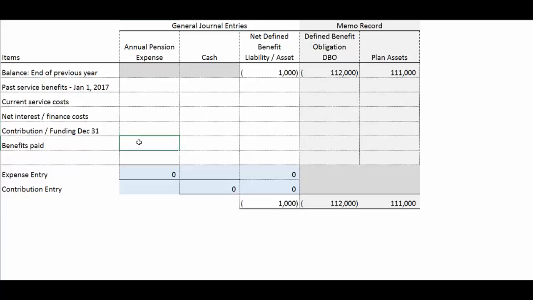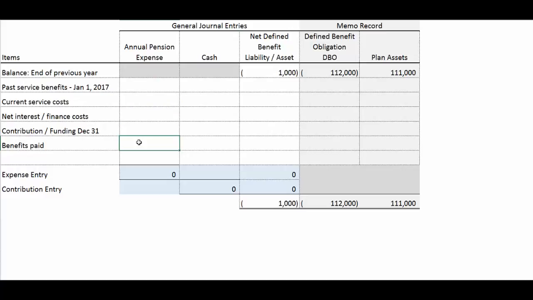We make those assumptions unless we're told differently. Now, this is important because the interest and finance costs are calculated for the amounts for the year. All right. So we'll take a look at what that means to us with this.